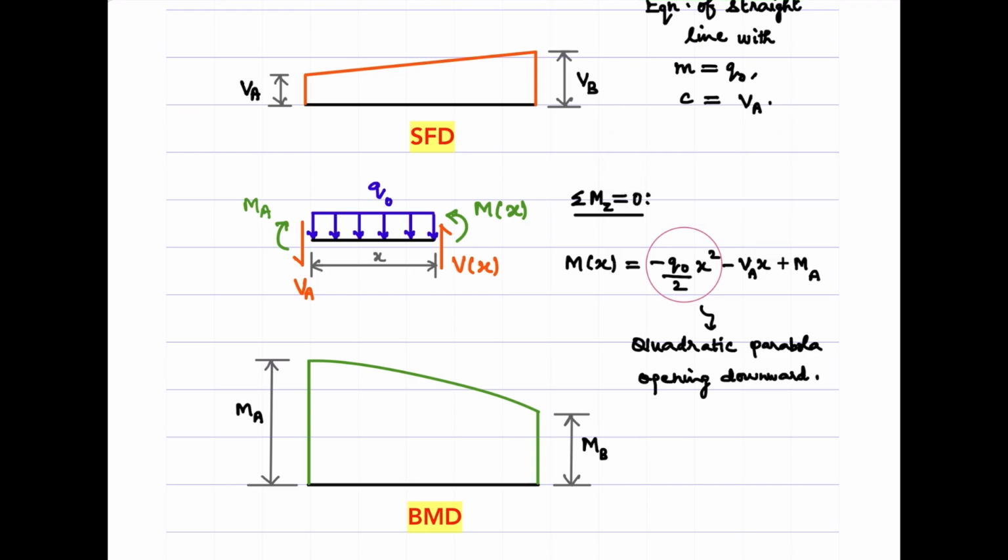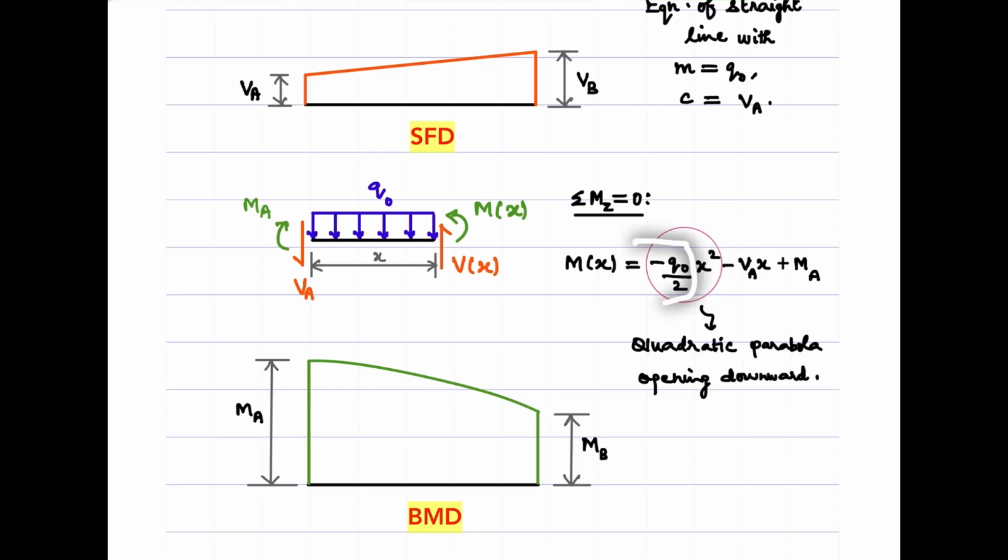Therefore, if I know the ordinates MA and MB at both ends, I need to connect these two ends using a parabola, right? But the question is whether it should be an upward parabola or a downward parabola, I mean convex upward or convex downward. It should be dictated by the sign of the coefficient of the highest degree term. Here the highest degree is x squared.